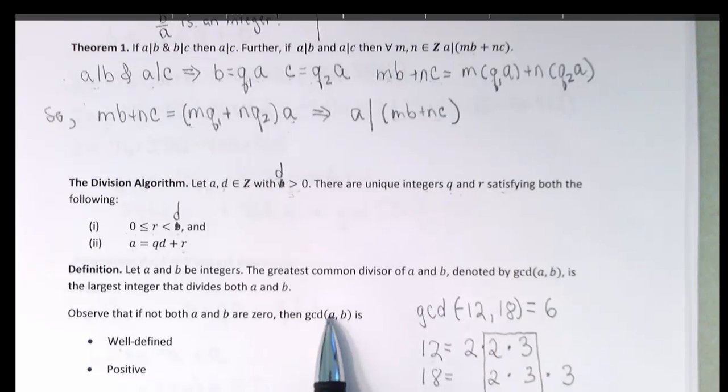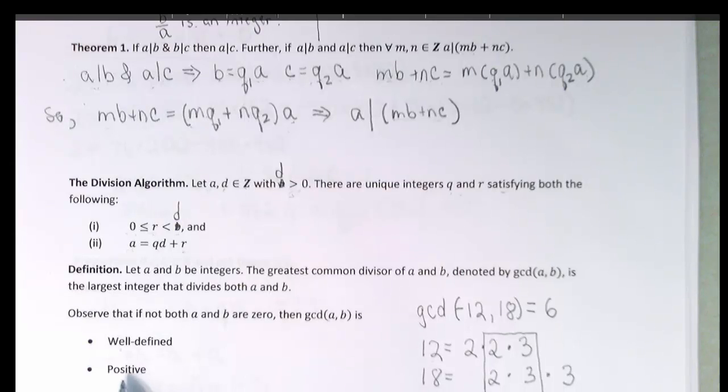In general, if we took the absolute value of a and the absolute value of b, and computed the maximum of those, nothing larger could possibly divide both a and b. Therefore, the greatest common divisor is well defined because there is always a maximum of the set of common divisors, and that set is never empty because, for instance, 1 would divide both a and b.